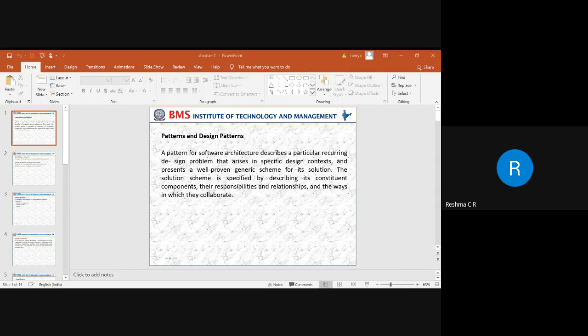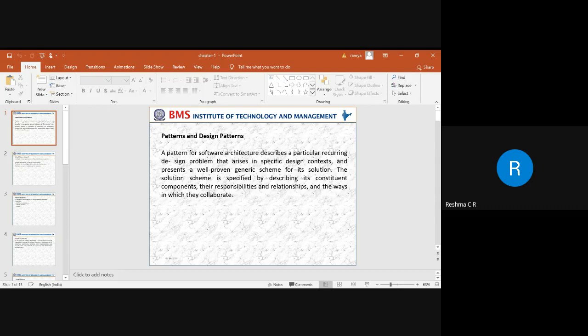In that book you have two chapters: chapter 1, a section in chapter 2, that is 2.4 or 2.3, and chapter 3. These are what you are going to have with respect to module 5. I will begin with chapter 1, with respect to patterns and design patterns.